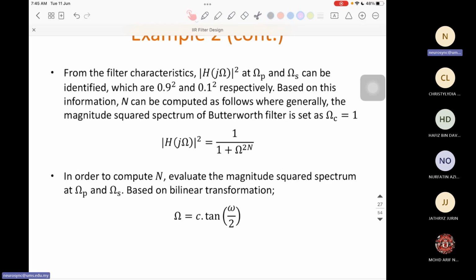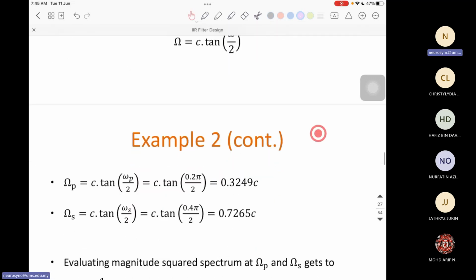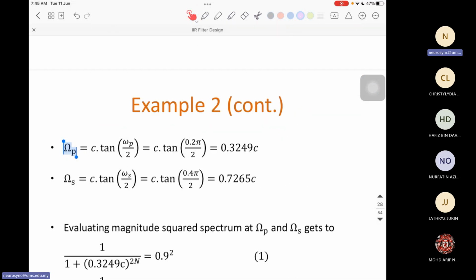Now, to evaluate the magnitude squared spectrum at omega p and omega s, we do the bilinear transformation here. We know that capital omega is equal to c times tan of omega by 2. So capital omega p is equal to c times tan of omega p by 2, because I know the value of omega p from the given statement.